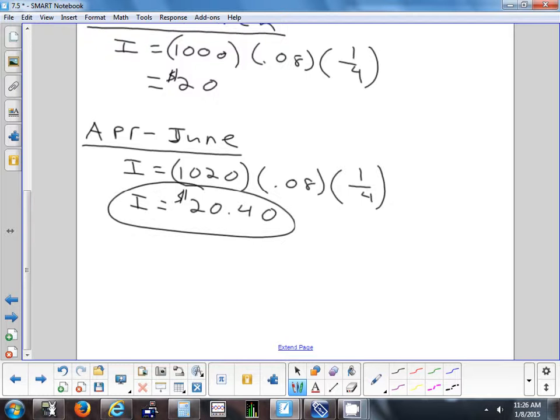Usually with money, we don't write it as 0.4, you write 0.40. Now at the end of June, the bank's going to take $20.40 and deposit that into your account. So what's going to be your balance on July 1st? It's going to be $1,040.40. So we've got July, August, September.